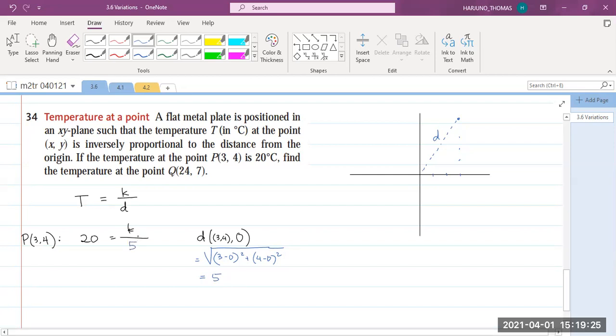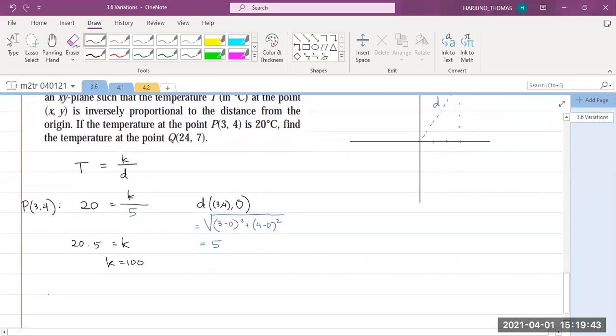So the distance is 5. When the distance from origin is 5, the temperature is 20. Therefore, what is k? k is 20 times 5 equals 100. Now we update the formula. Therefore, the formula becomes T equals 100 over D.